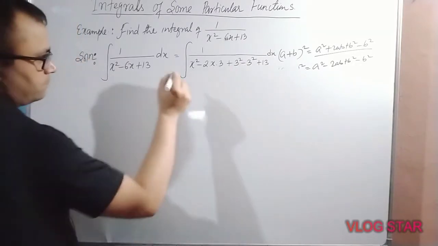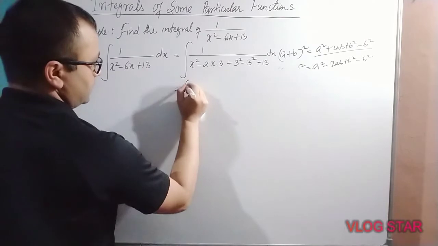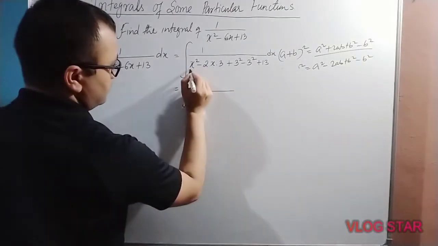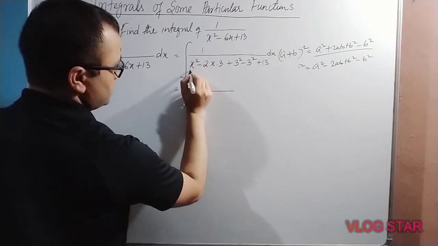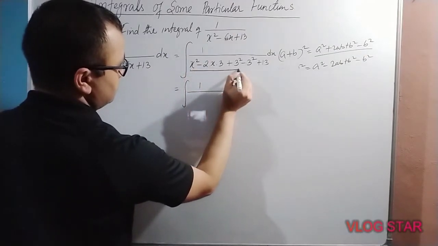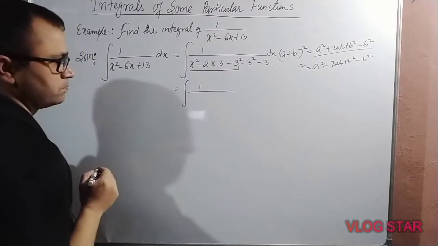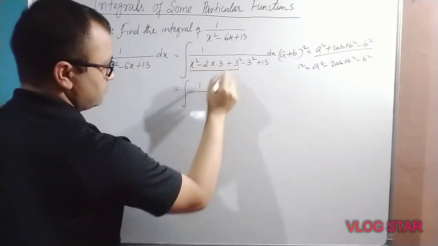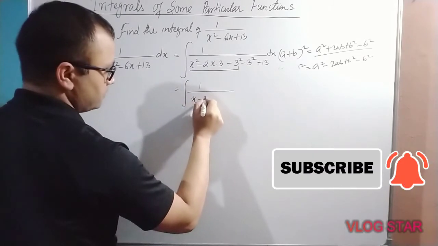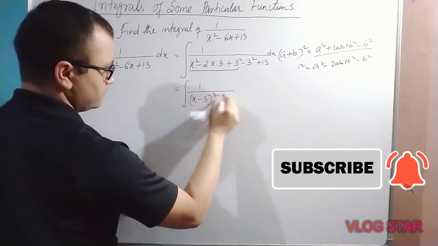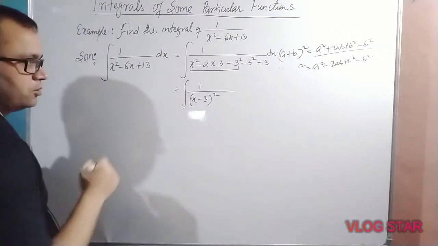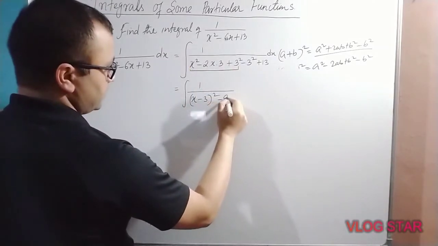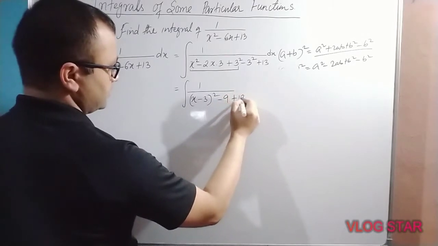So integration of 1 by, now from here x square minus 6x plus 3 square can be written as a square minus 2ab plus b square, which is a minus b whole square. So minus 3 square, it is minus 9 plus 13 dx.